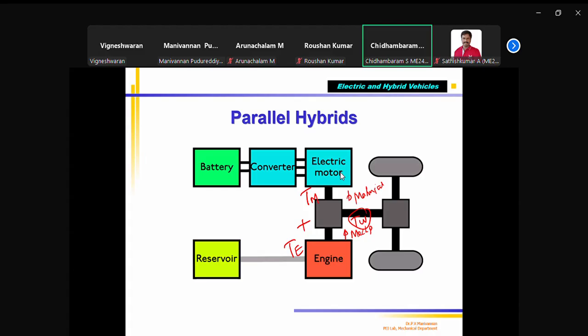But the different torques will not be a problem? No, that's the gear arrangement. You need a proper mechanism, the gear mechanism, which is going to add them up. We will see that. Sir, I have one point to raise here. Few vehicles, especially performance vehicles, if they're parallel hybrids, sometimes have the front wheels driven by an electric motor and the rear wheels driven by ICE power.